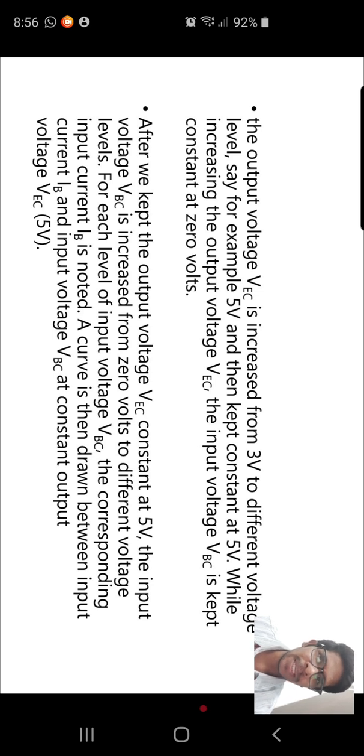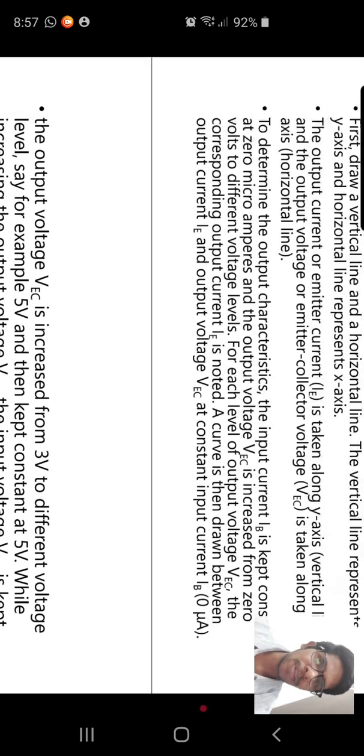After we keep voltage VEC constant at 5 volts, the input voltage VBC is increased from 0 volts to different voltage levels. For every level of input voltage VBC, the corresponding input current IB is noted. A curve is drawn between input current IB and input voltage VBC at constant output voltage VEC equals 5 volts.